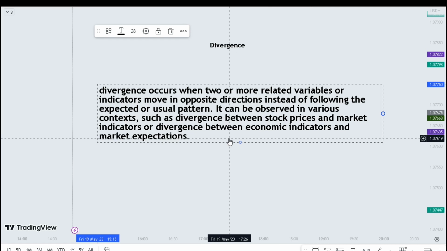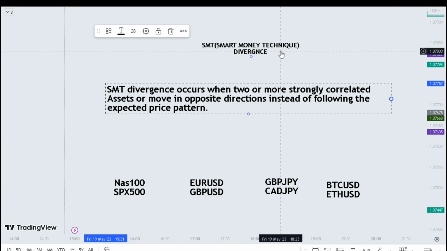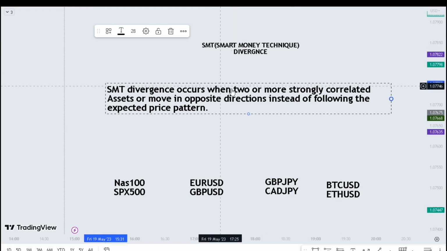But for today, we'll be strictly focusing on SMT divergence, SMT being smart money technique. SMT divergence occurs when two or more strongly correlated assets move in opposite directions instead of following the expected price pattern.